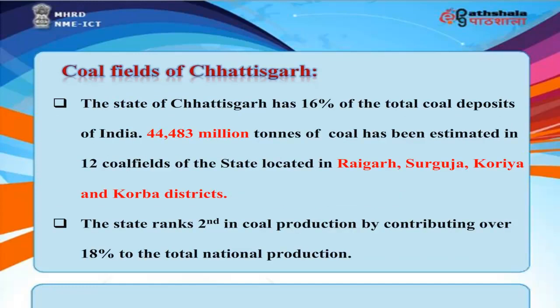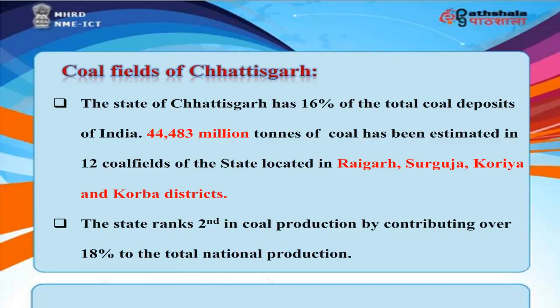Coalfields of Chhattisgarh. The state of Chhattisgarh has 16% of the total coal deposits of India. 44,483 million tons of coal has been estimated in 12 coalfields of the state located in Raigarh, Surguja, Korea and Korba districts.